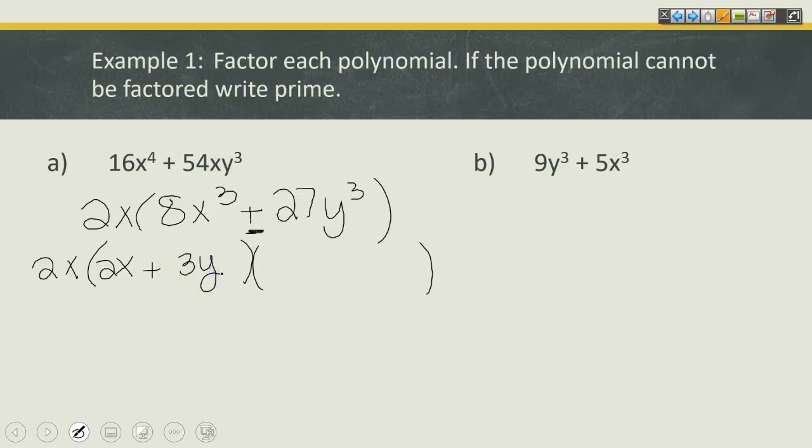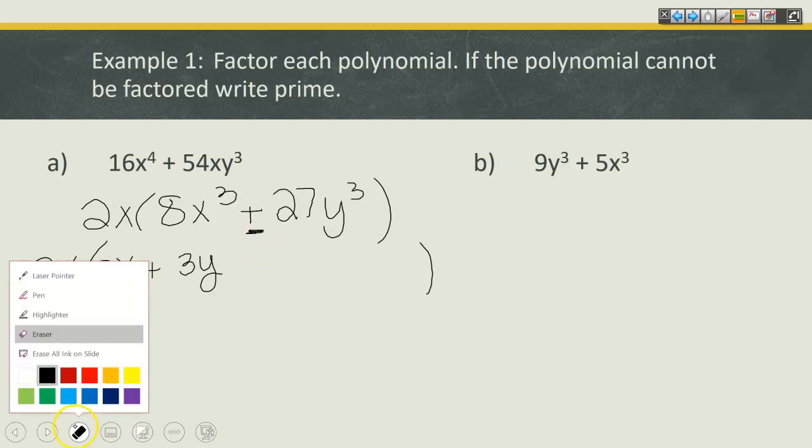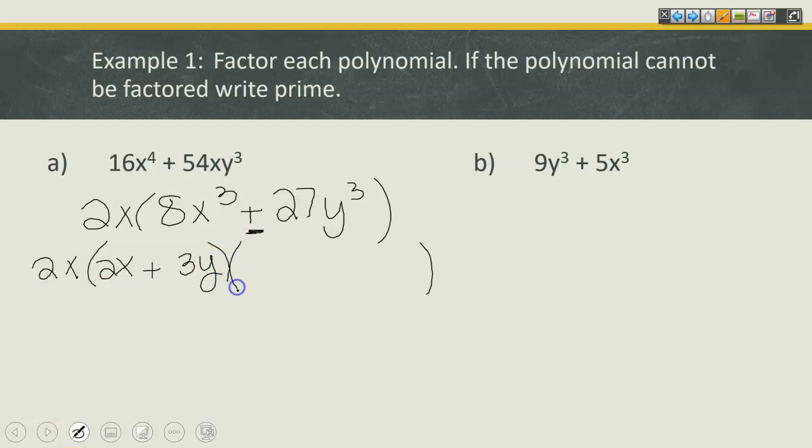So you get 2x plus 3y, and then the remaining part of the formula, I'm going to smush this way a little bit, is a squared. So a is what I wrote here. So 2x squared becomes 4x squared.